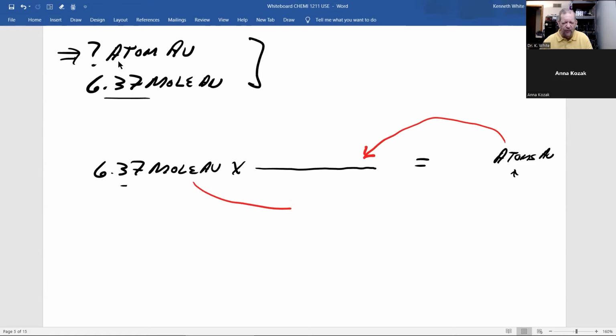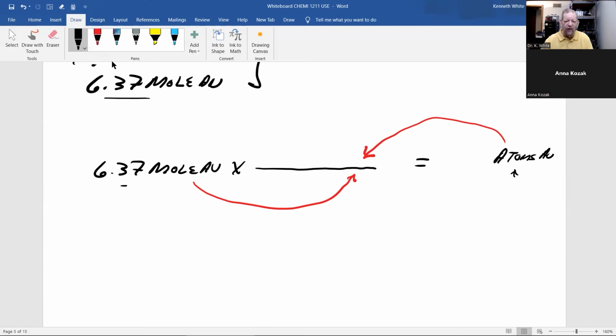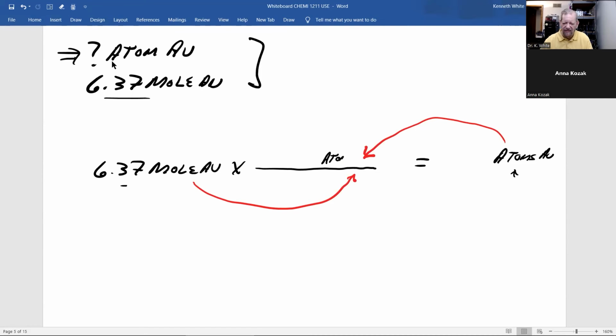Whatever I'm trying to get rid of, unit-wise, goes underneath. And now I will write those units. So I need a ratio of atoms of AU to moles of AU.